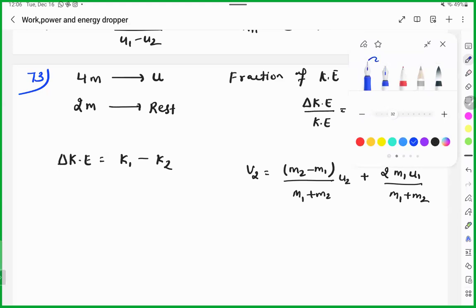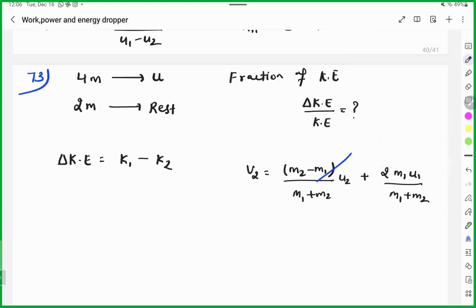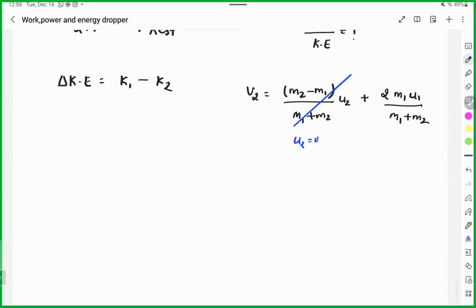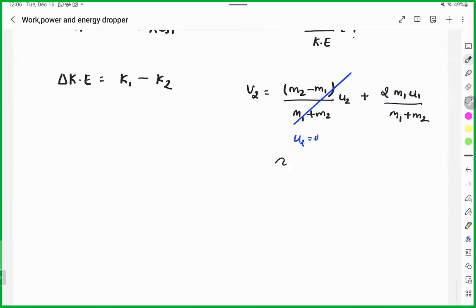This whole first value will be 0, because U2 is 0. So what will be your V2 value? 2, and M1 is 4M, U1 is U, total mass 4M plus 2M is 6M. The M cancels. Can we say it will be 4 by 3 U? Correct? Yes or no?